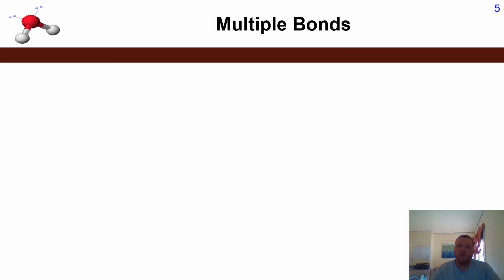Now, what we'll also see from time to time are multiple bond situations. Your run-of-the-mill simple representation is going to be CH4, which has all single bonds. But then you might have something like H2CO, in which case this is a molecule that's going to look like such.